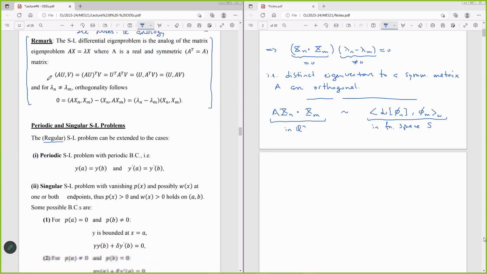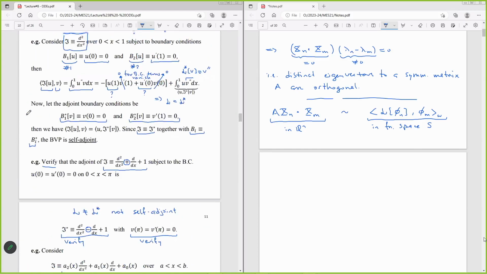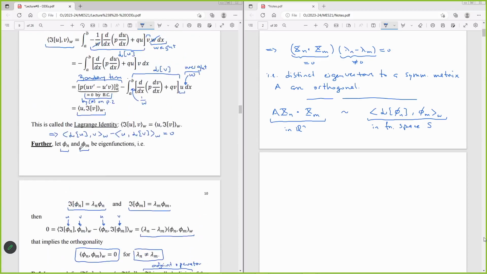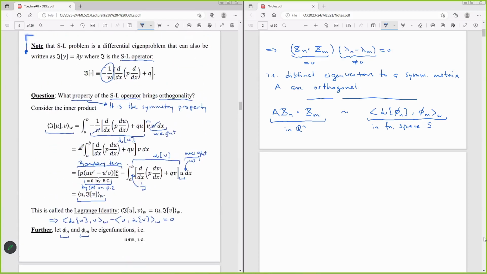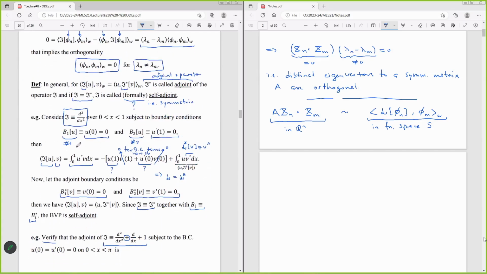One class is called the periodic case. What is characteristic of this is that your boundary conditions are changed to this. This is called periodic boundary conditions. So I'm changing the star on page 2. I used it here actually, right? I used the boundary condition reference somewhere.